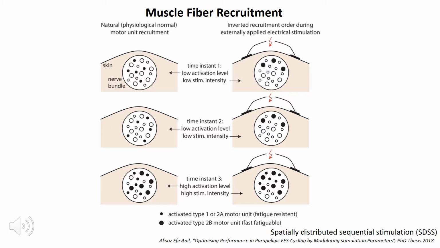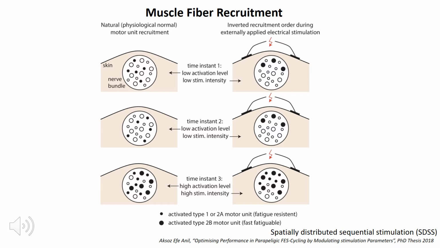Now, if we look off to the right-hand side, if we electrically stimulate these non-invasively, we do exactly the opposite. Because of the lower resistance in the larger fibers, we activate those first. And as we increase our current, our stimulation, we activate more and more, eventually activating everything.